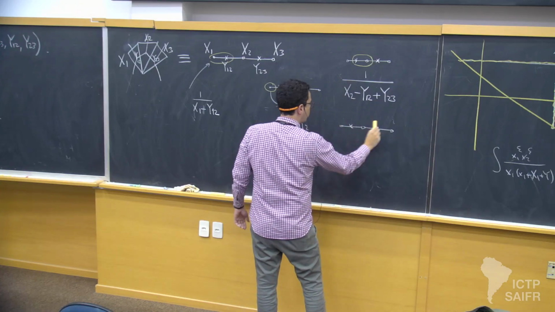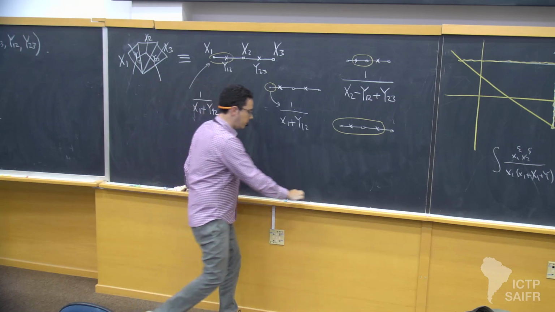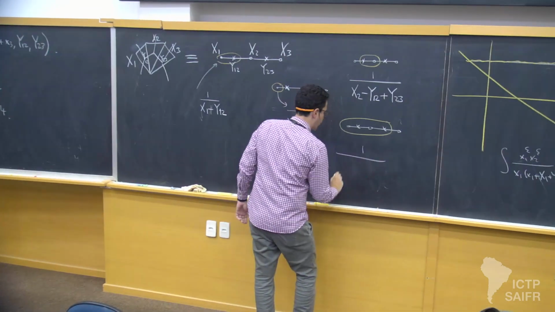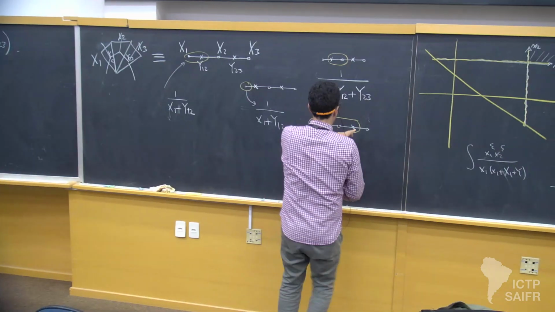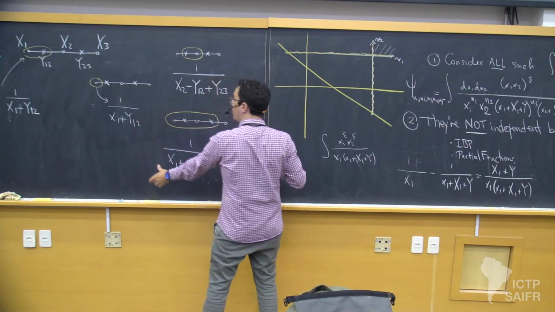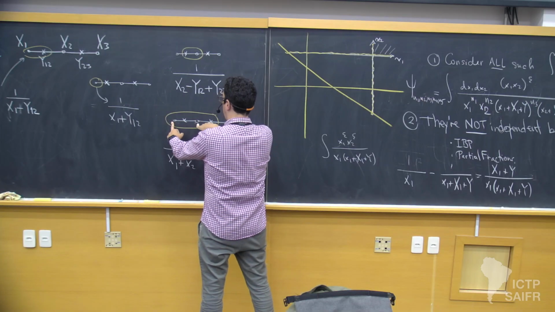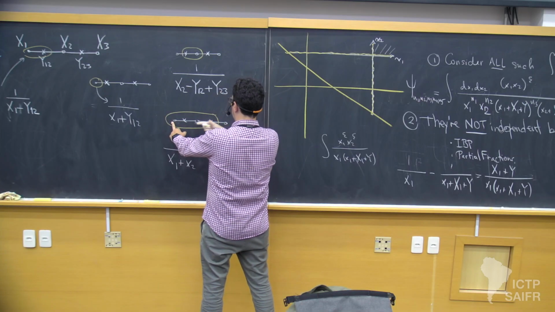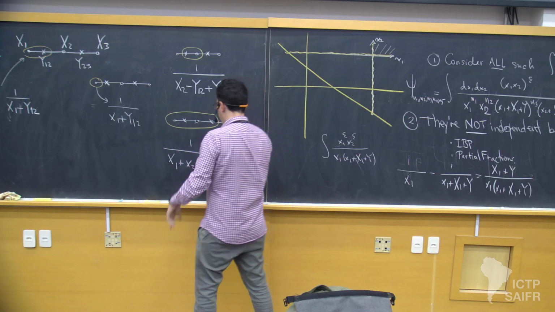What if I do a tube like this? 1 over x1 plus x2, and then y23. Even though I enclose this guy, now I enclose the whole tube. So I only count the vertices, okay? I don't count this y12, but it cuts through this edge. So I count y23 with a minus sign.